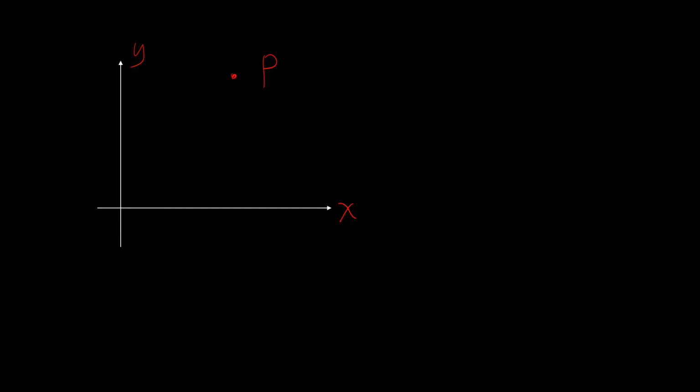The location of P is indicated by the coordinates x, y, where x refers to the abscissa and y to the ordinate. The abscissa is simply the distance of the point P from the y-axis, while the ordinate y is the distance of P from the x-axis.